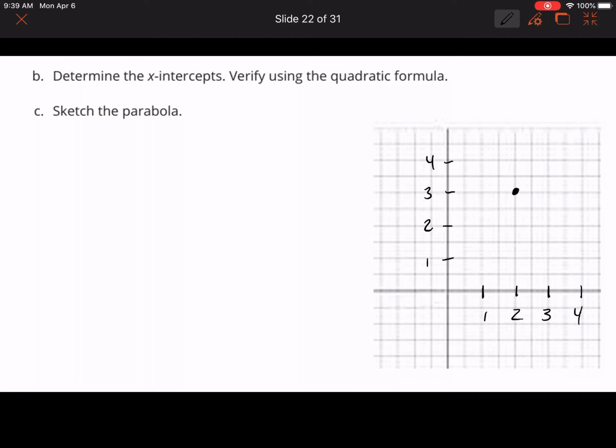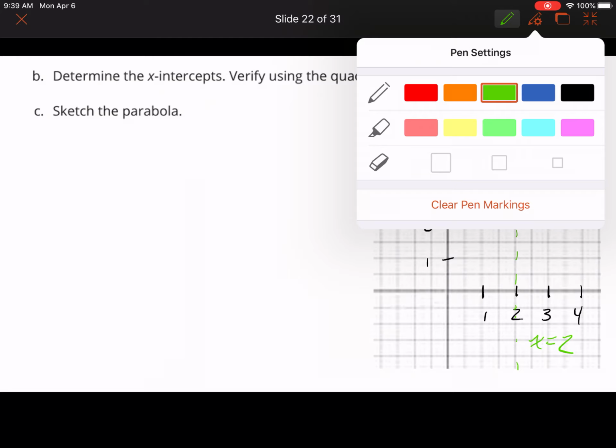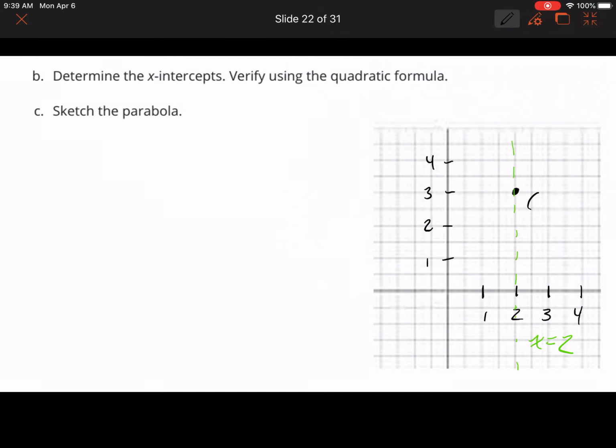So we have got our axis of symmetry being 2. We've got our vertex of 2, 3. And we know we're opening up.